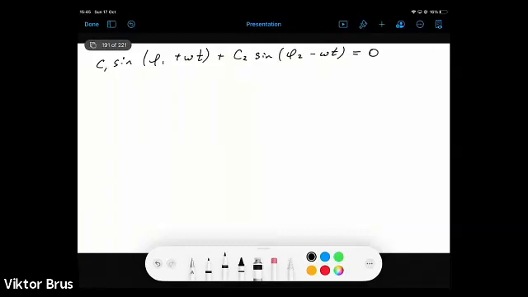equals to 0. So when will it happen? We can write that C1 times sine (φ1 plus ωt) will be equal to minus C2 sine (φ2 minus ωt).